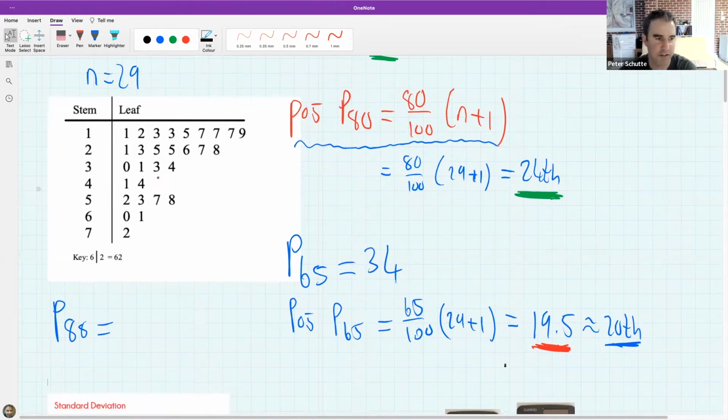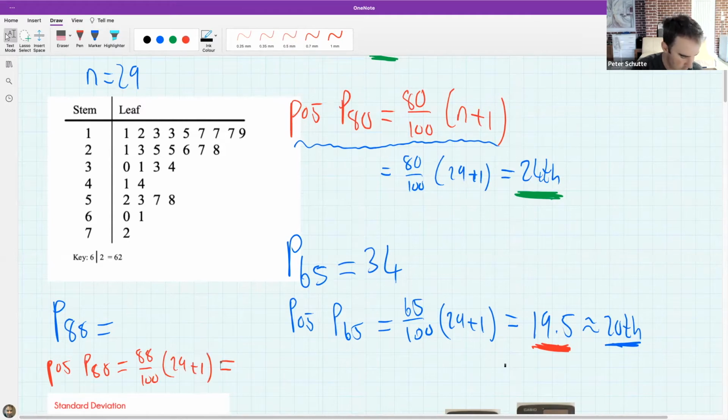I'm certain it's going to be towards the end here because the 88th percentile is quite a long way through the data. So I know this is going to be n plus 1. So what's that going to be? 26.4. And since I'm rounding, I'm going to round to the 26th position.